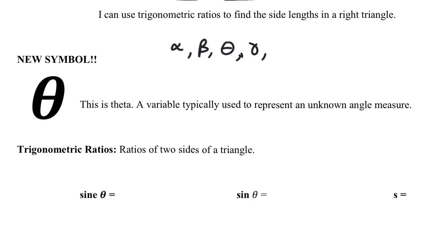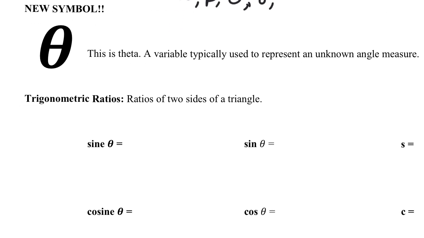So A through Z stand for side lengths. Your Greek letters, which we're going to be using theta, will stand for angle measures. And you will see that again in pre-calc as well.